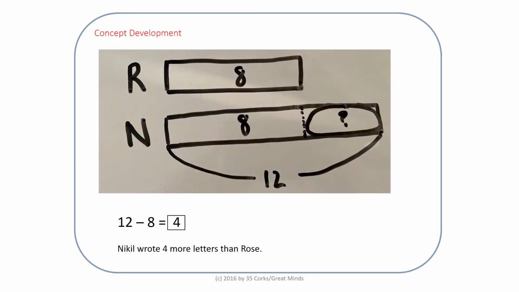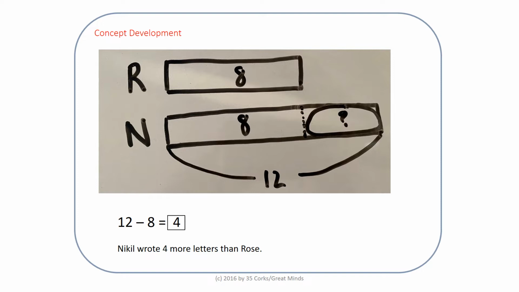What was the story that went with this tape diagram in the last lesson? So think back to yesterday's video. The story was that Rose and Nikhil both wrote letters. Rose wrote 8 letters and Nikhil wrote 12 letters.